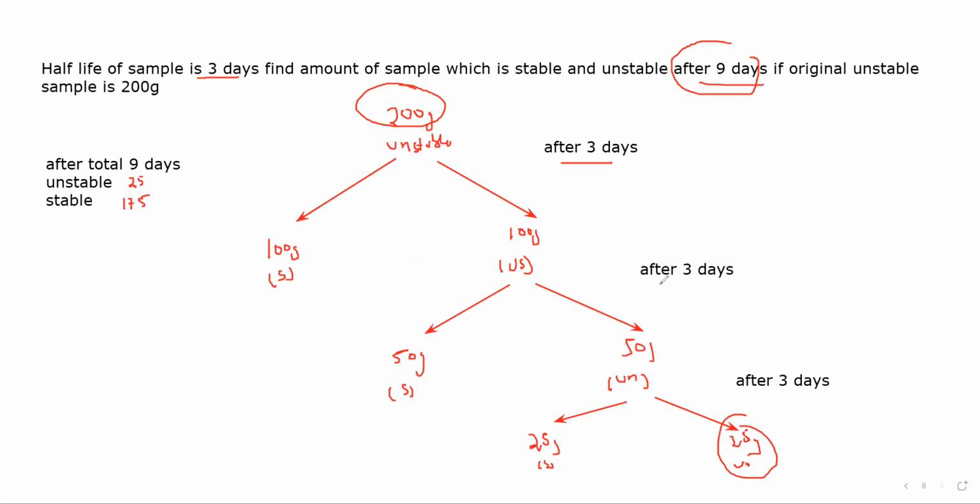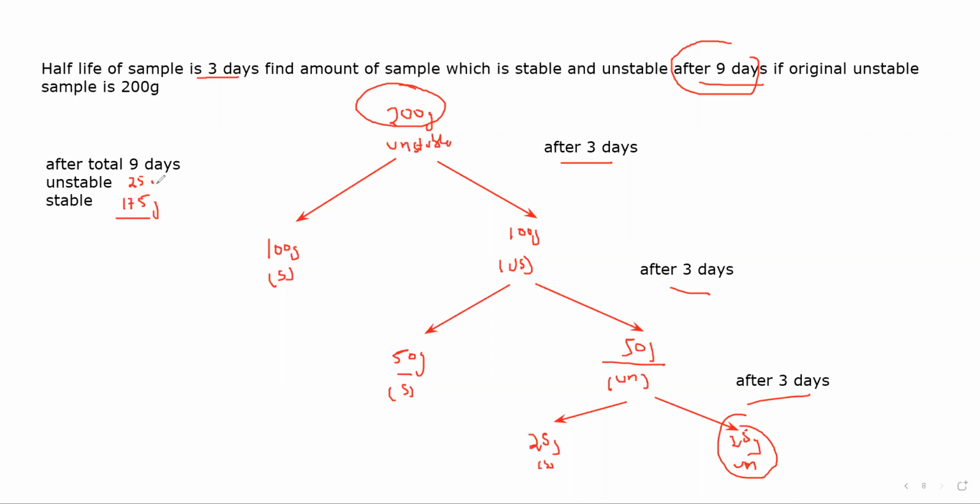And after 3 days, it will become half of its original value. So it will become 50 grams stable and 50 gram unstable. Then after further 3 days, the 50 gram which is unstable will decay into 25 gram stable and 25 gram unstable.